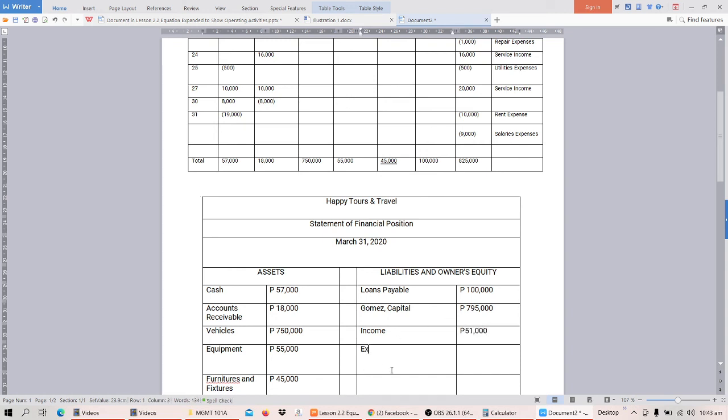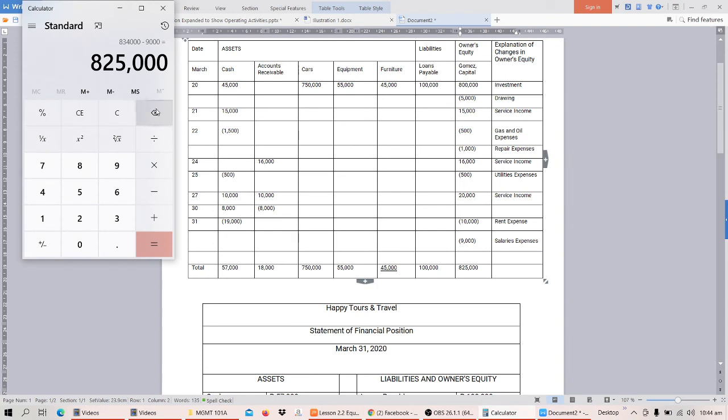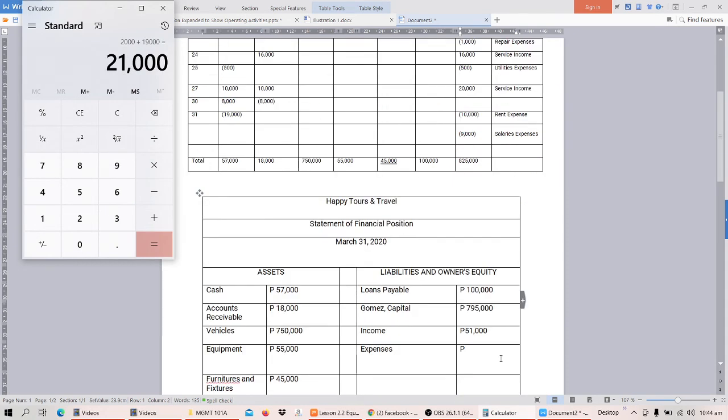And your expenses is 500, 1,000 plus 500 plus 10,000 and 19,000. So your expenses is 21,000.